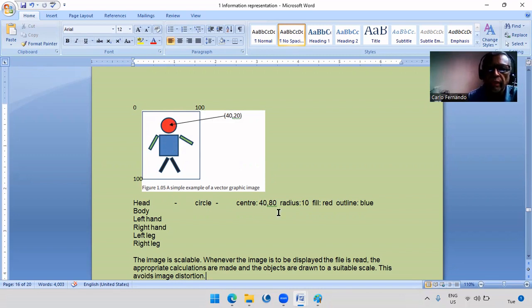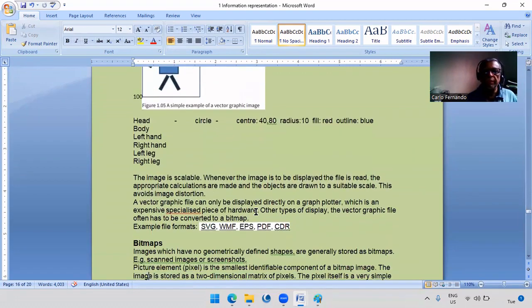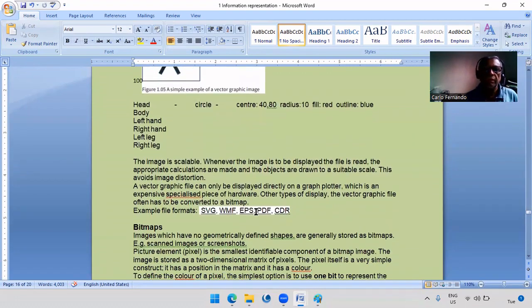So according to the scale, you have to enlarge the whole thing. All that is read, the calculations are done and displayed on the screen. That is the difference. In a bitmap, it doesn't happen like that. It just expands, stretches, like a balloon. If you write something on a balloon and blow it up, the letters and the drawing get distorted.